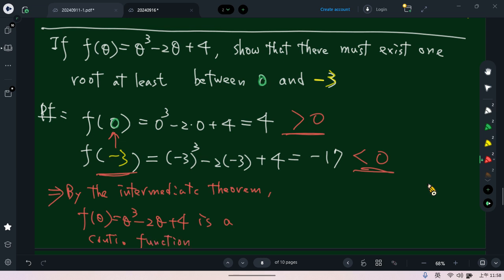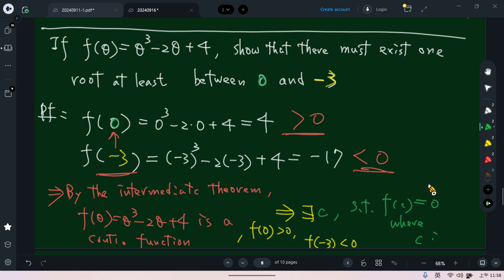So one is positive, one is negative, so that we can find, f of 0 is positive, f of -3 is negative, so we can find at least one c such that f of c is 0, where c is in -3 to 0.